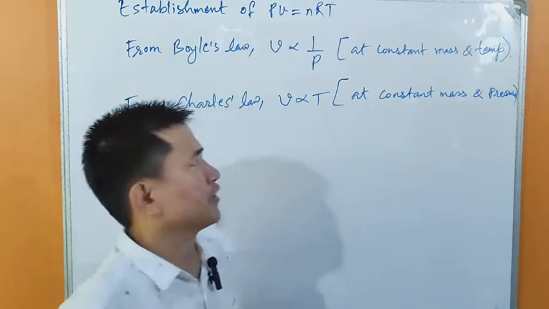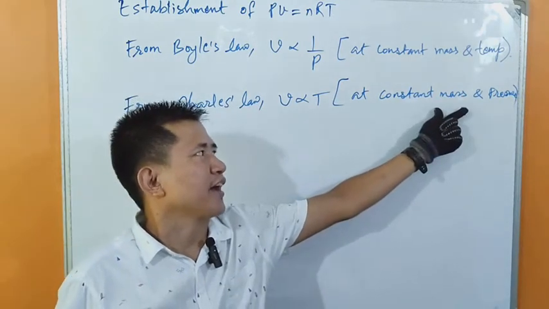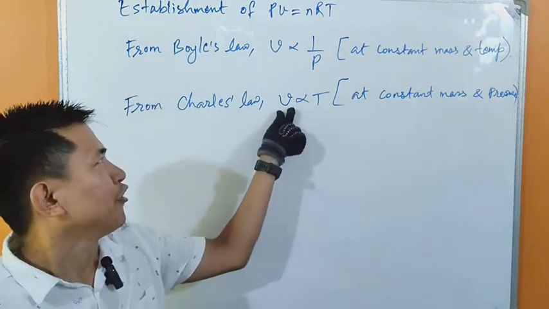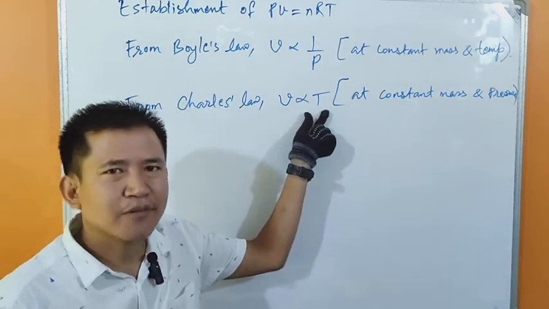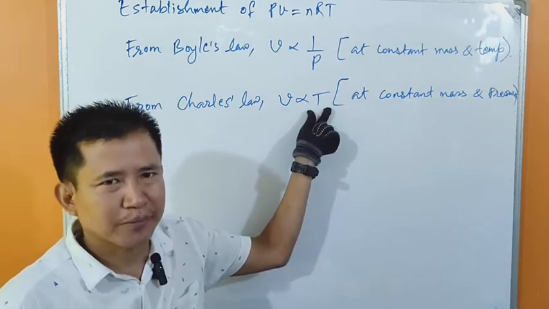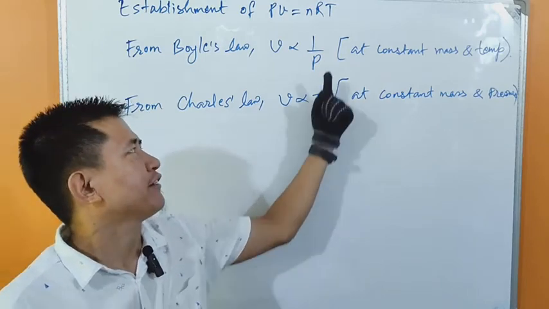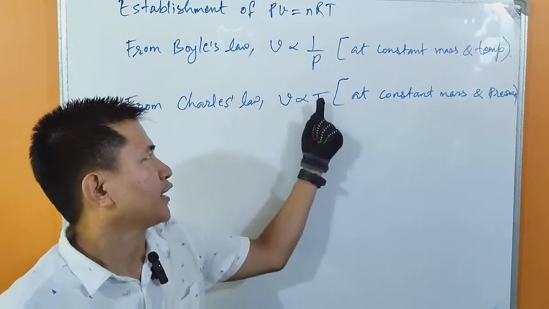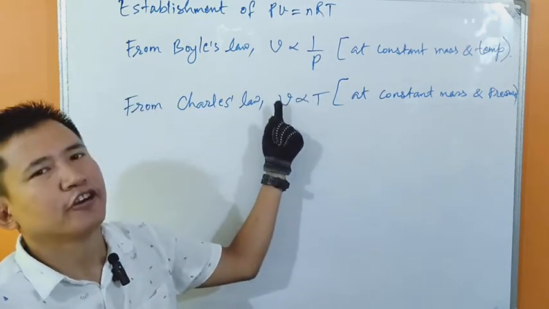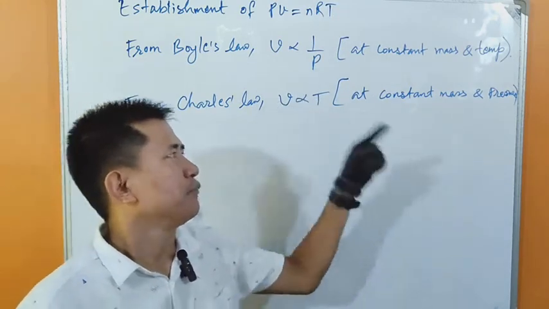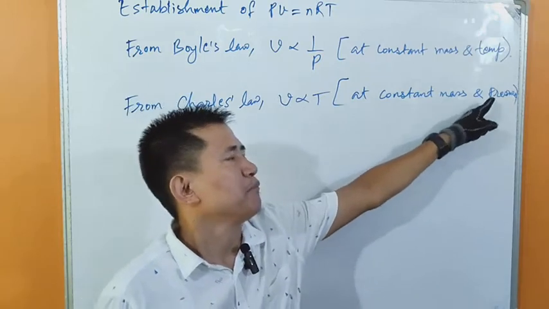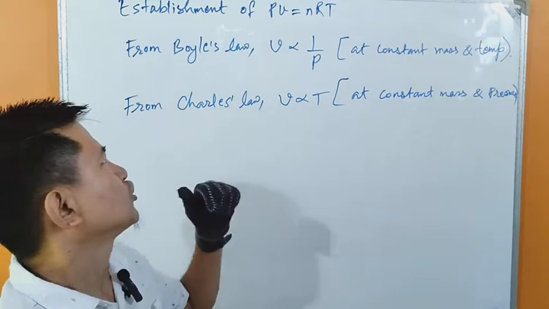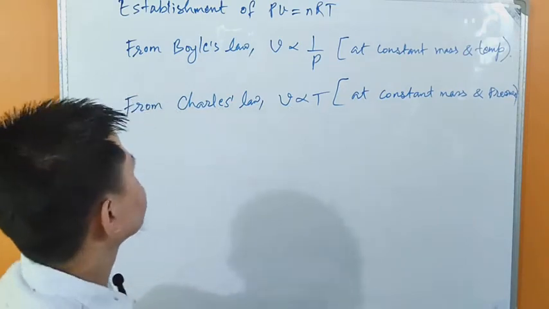When mass and pressure of the gas are kept constant, volume of gas is directly proportional to its absolute temperature, which means if you increase the temperature, volume will also increase, and if you decrease the temperature, volume will also decrease, but mass and pressure should be kept constant. This is what Charles' law tells us.